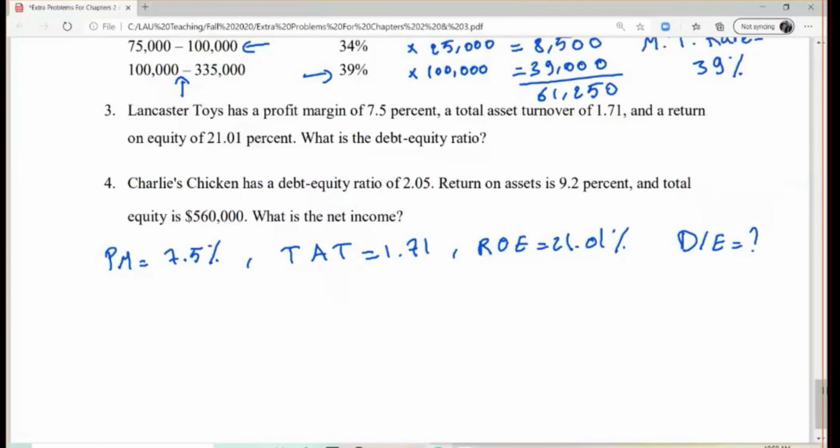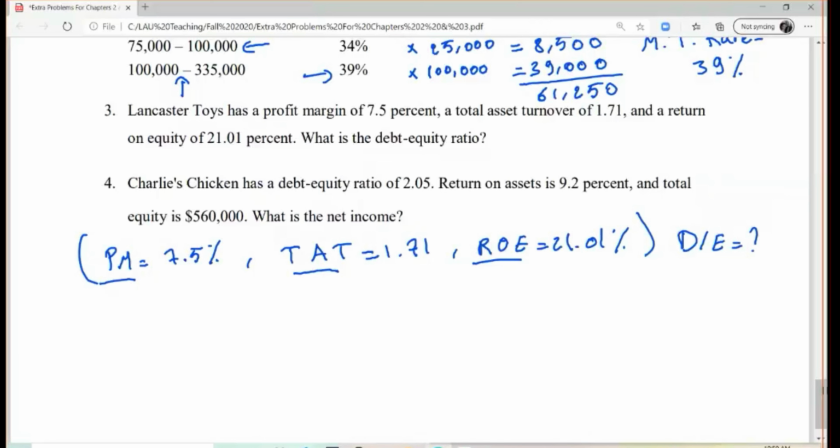I do not have any information here about total debt and total equity. However, based on the information that I have here, I have the return on equity and two of its components. The last component is the equity multiplier. So based on those three values, I can compute the equity multiplier. Once I have the equity multiplier, I can easily find the debt to equity ratio.